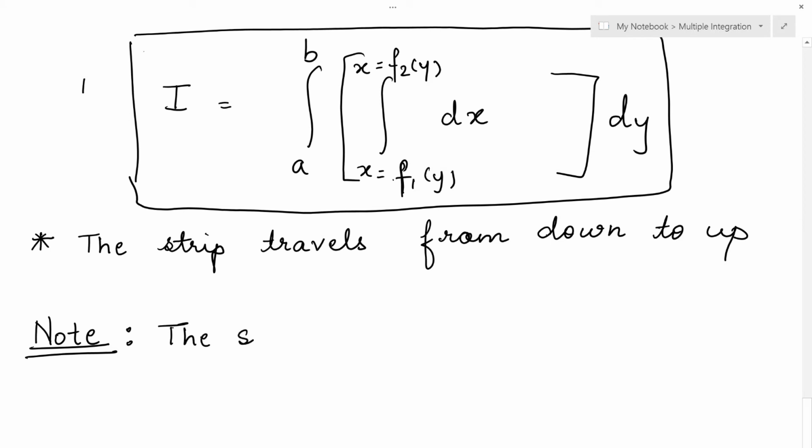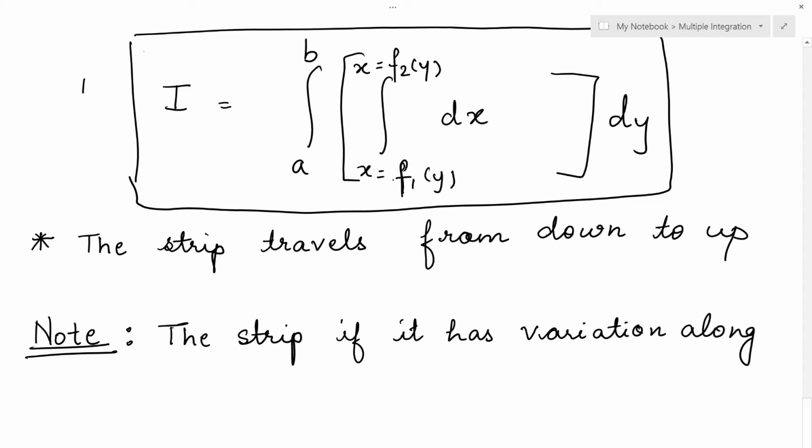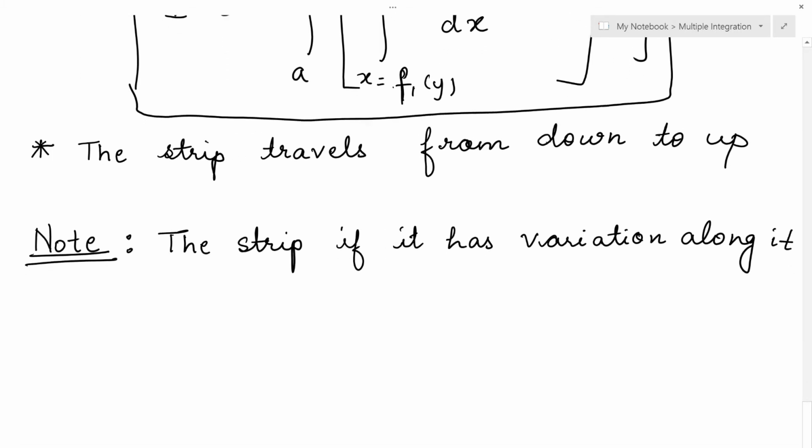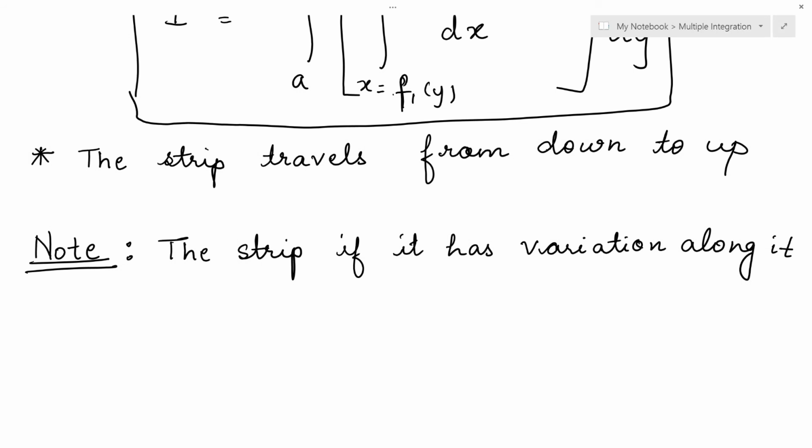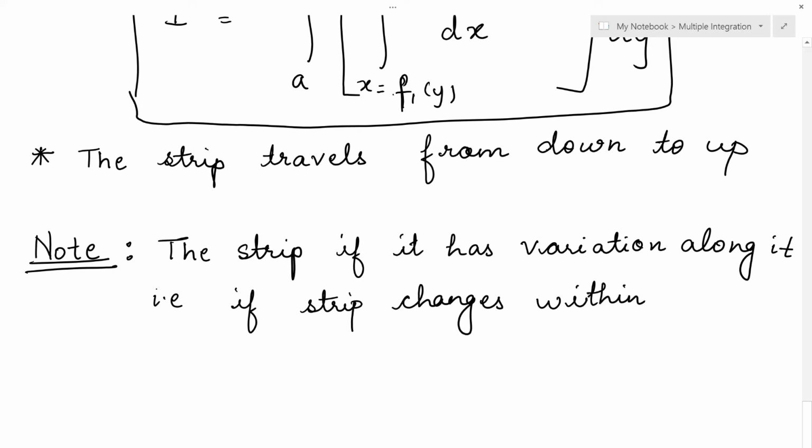The strip, if it has variation along it, that is, if the strip changes within the region, that means sometimes the region may change, the curve may change.